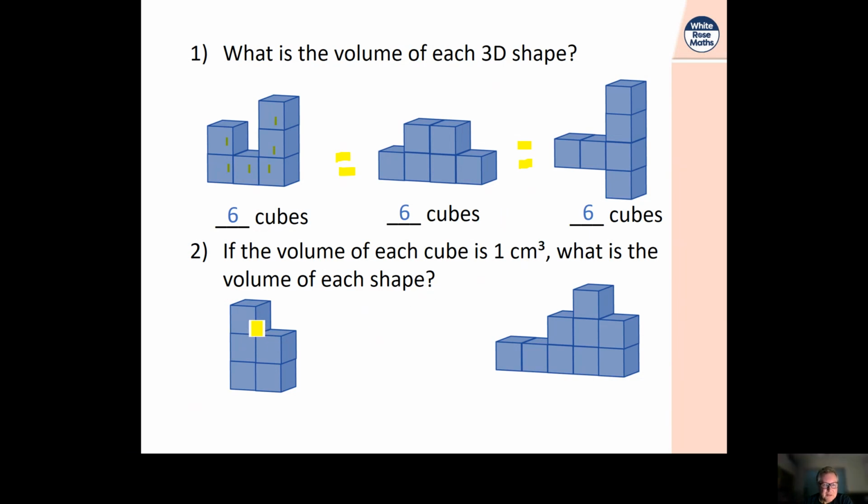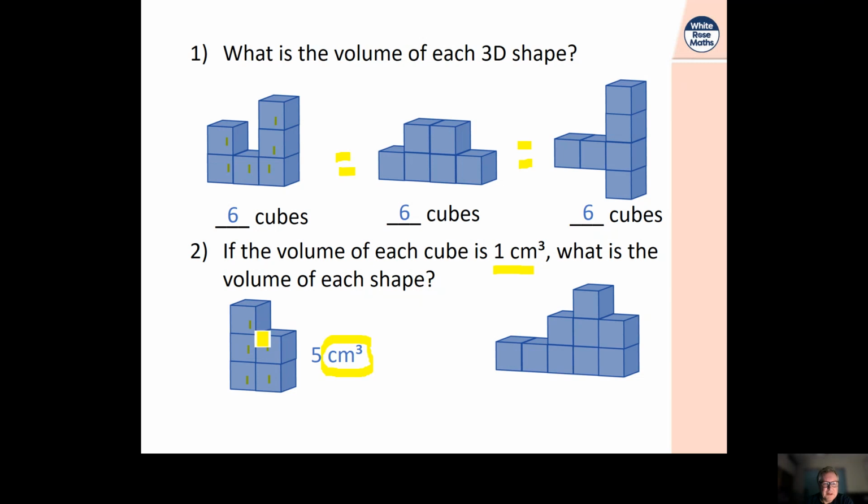What about this? 1, 2, 3, 4, 5. Does that mean it's 5 cubes? Let's check. 5 centimetres cubed. And it's 5 of these 1 centimetre cubes.